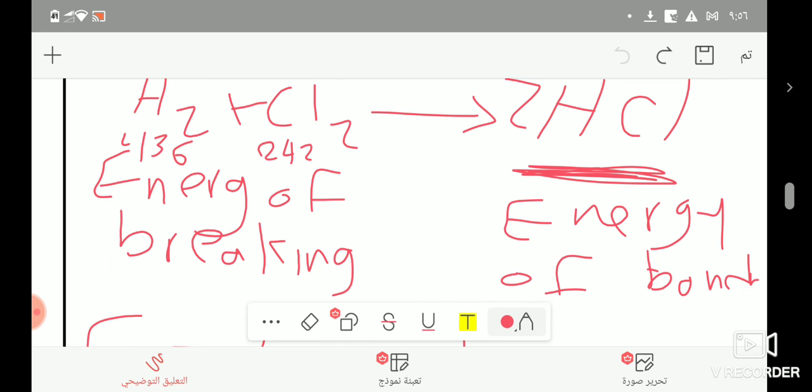The energy released during the formation of the bonds equals 2 times 431 kilojoules. So these numbers I wrote represent the energy which is absorbed or released during the reaction.